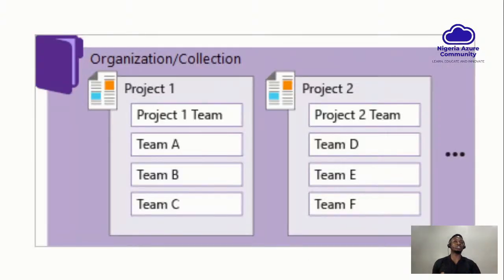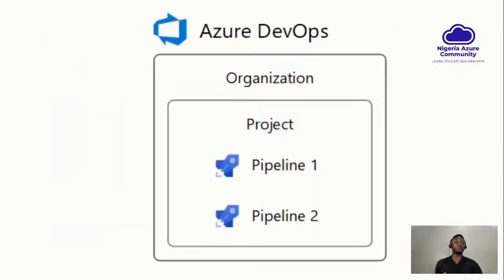Again, the Azure DevOps organization collection looks something like this. You have a project, and for each project, you have different teams working. You could have a front end and back end team working on each project. You can also have multiple projects on the Azure DevOps platform. So we have our organization, we have a project, and within our project, we can have multiple pipelines as well.